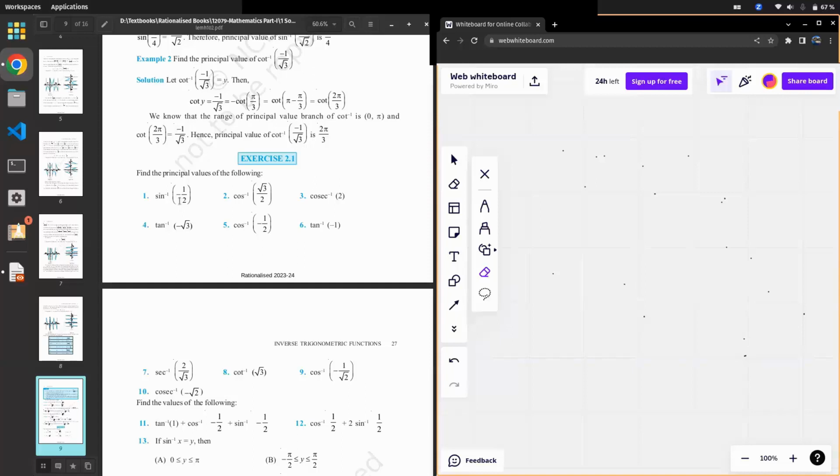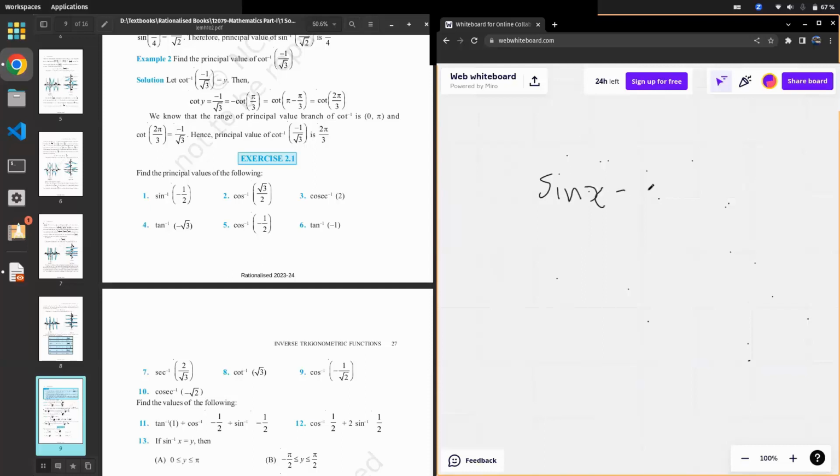For sine there is a property: sin x is equal to minus of sin minus x. We call these functions odd functions. So we know sine of -pi/6 is equal to -half. So sine inverse of -half will be -pi/6.